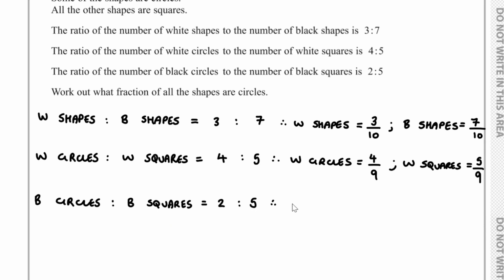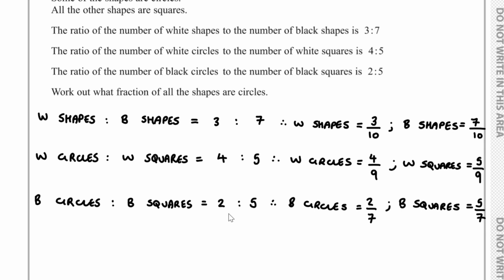So therefore, the fraction of black circles is equal to 2 over 7, and the fraction of black squares is 5 over 7. So we have to find out the fraction of shapes which are circles.